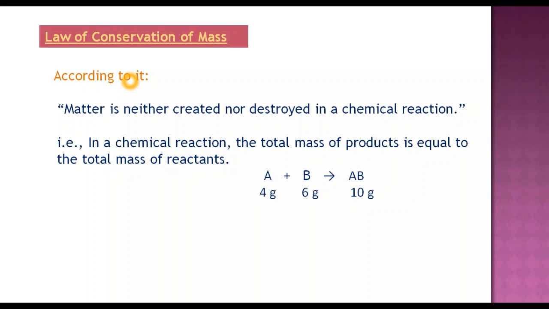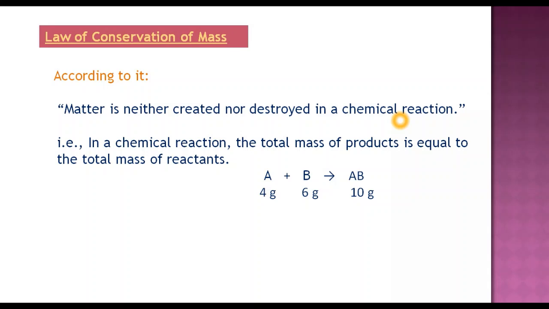According to this law, matter is neither created nor destroyed in a chemical reaction. It means that when the substances are undergoing a chemical change, when reactants are combining and a chemical reaction is taking place, then during that reaction, neither mass is created nor destroyed. Yes, form can get changed.